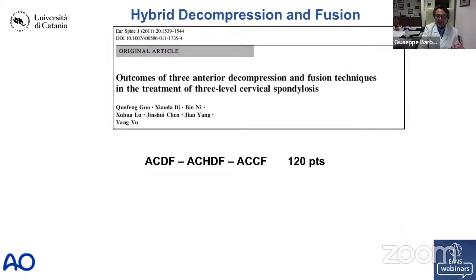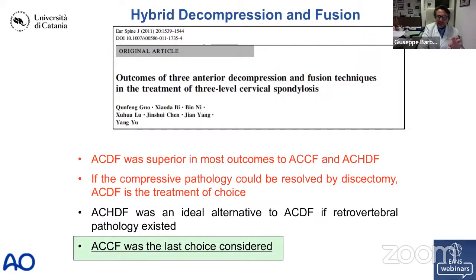So actually, as you are going to see in this study, in this slide, it's important to consider that, as we said, we can use different techniques. We can use ACDF at multiple levels, we can use corpectomies at multiple levels, or we can use the hybrid technique combining corpectomies and ACDF.